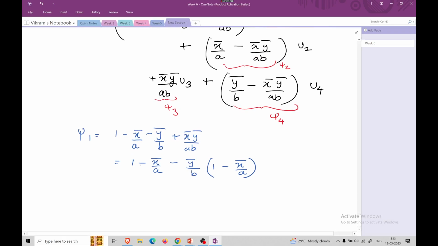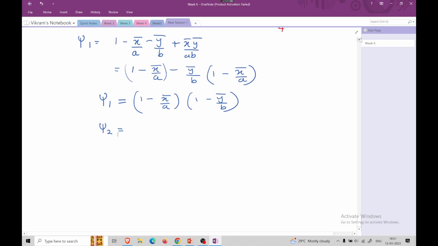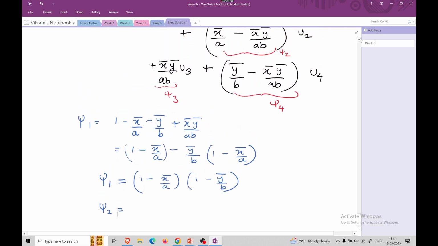Again if I take 1 minus x bar by a as common, I will get 1 minus y bar by b. So this is my psi 1. What is my psi 2? Psi 2 is x bar by a minus x bar y bar by ab.